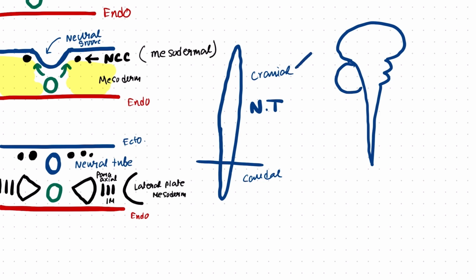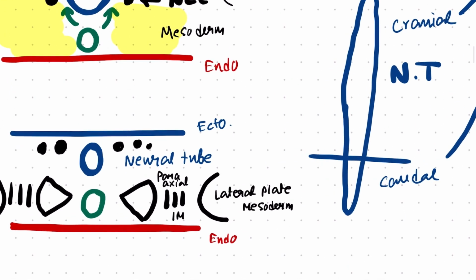This cranial part forms the cerebral part, the upper part, and this caudal part basically forms the spinal cord as well as the cerebellum, this part. And we have this neural crest cell.